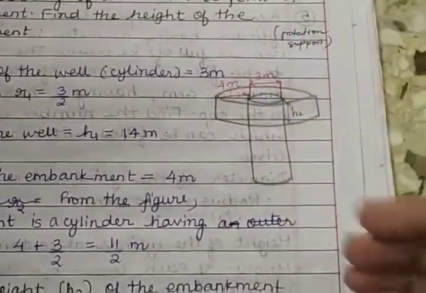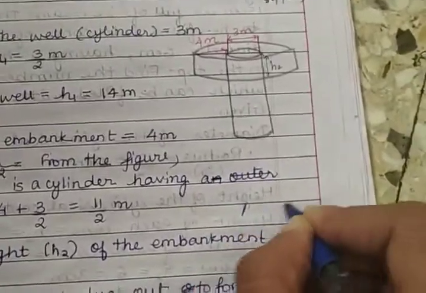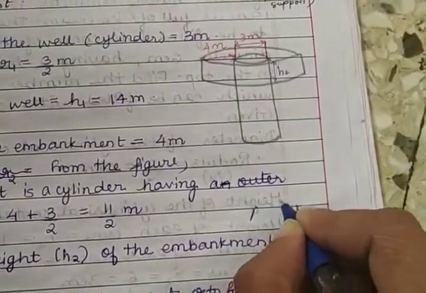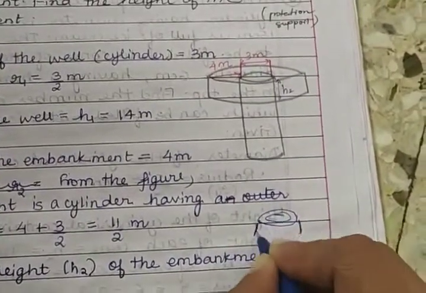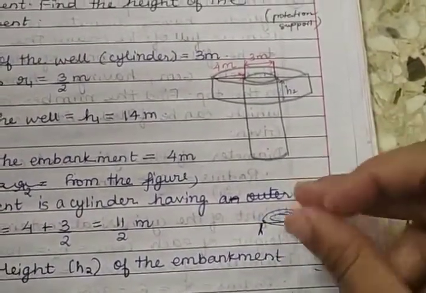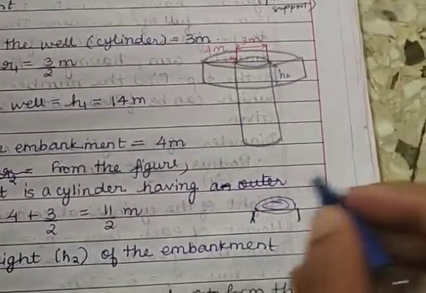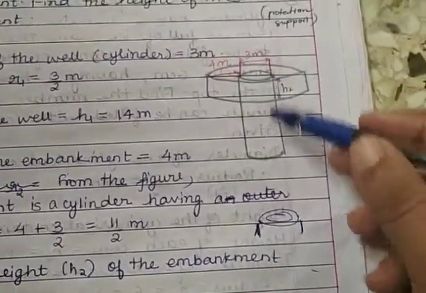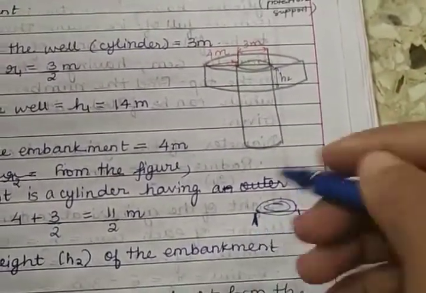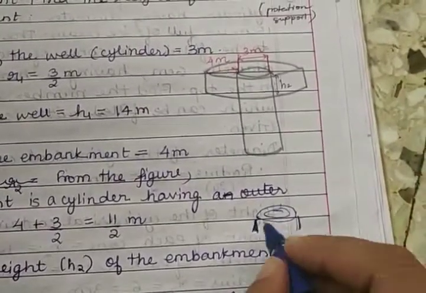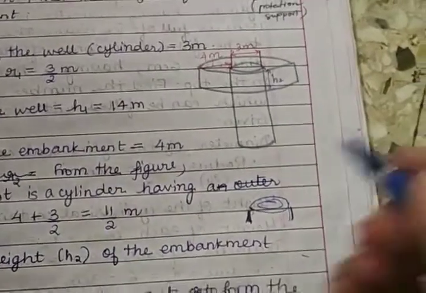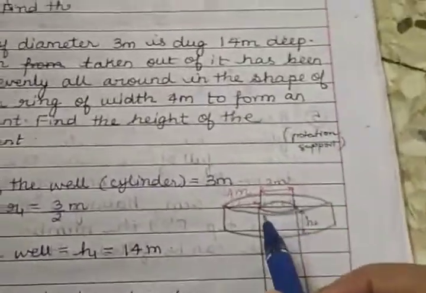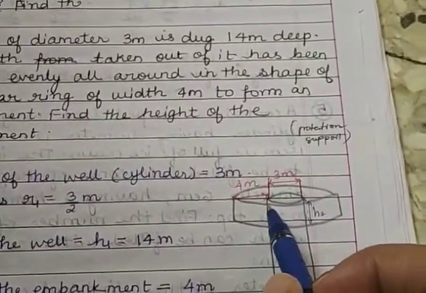You must have seen wells with a kind of protection or support at the side. That is what is called an embankment. The soil dug out from inside has been formed into this embankment, and this embankment has a width of 4 meters.